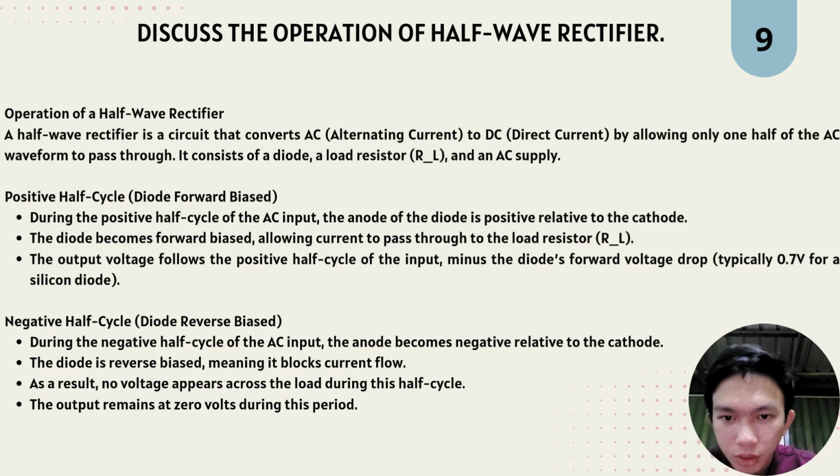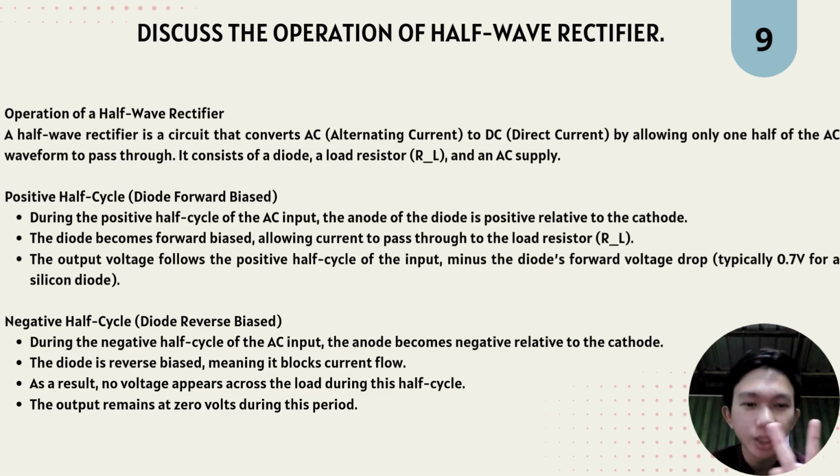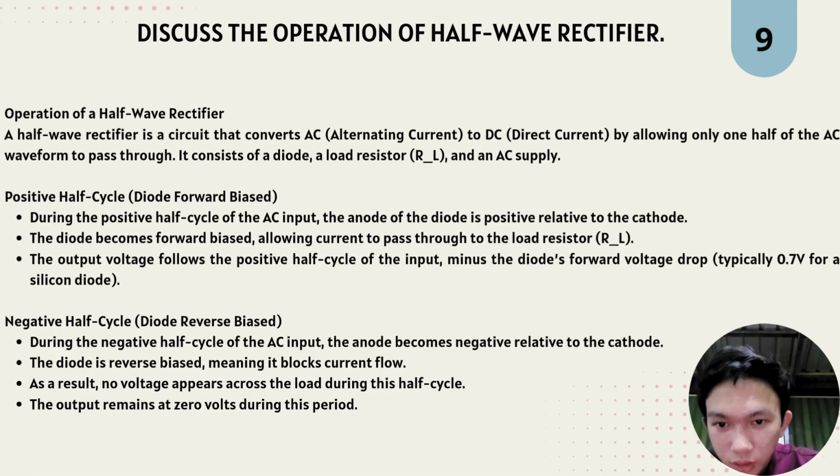During the negative half cycle of the AC input, the anode becomes negative relative to the cathode, so the polarity changes. The diode is reverse biased, meaning it blocks current flow. As a result, no voltage appears across the load during this half cycle. The output remains at 0 volt during this period.